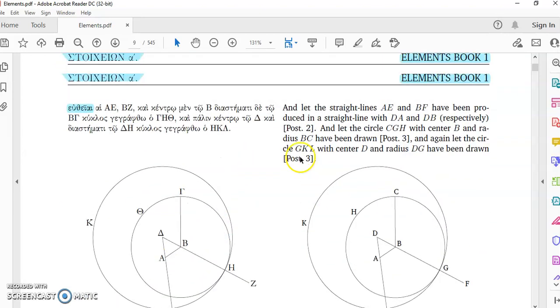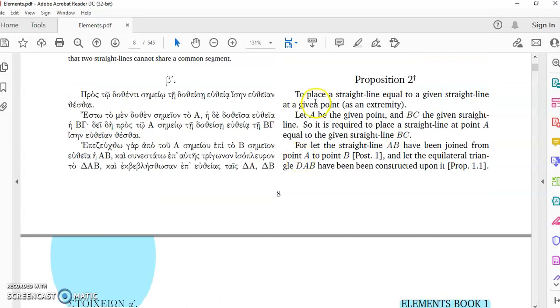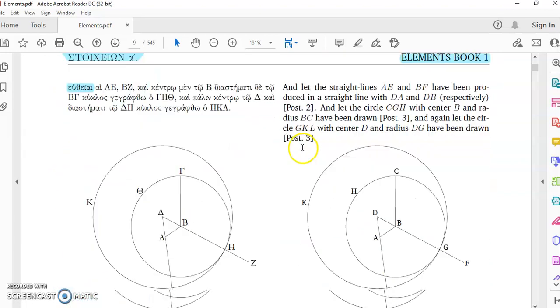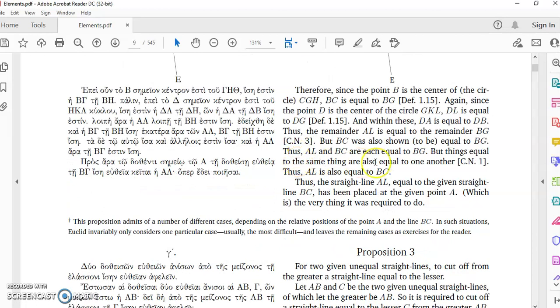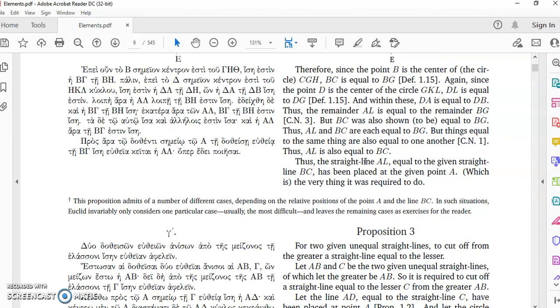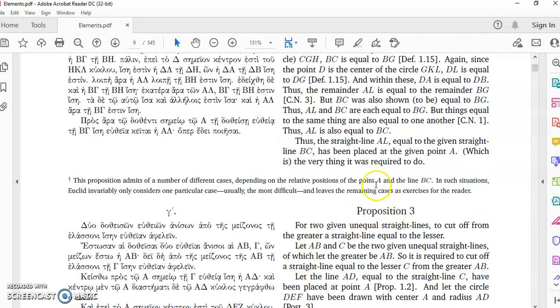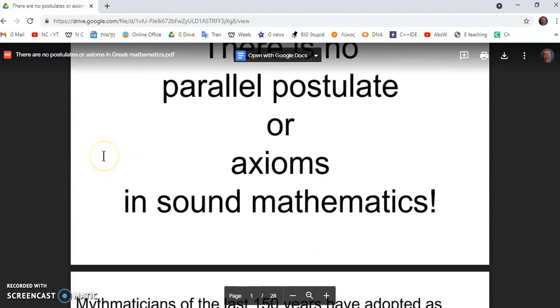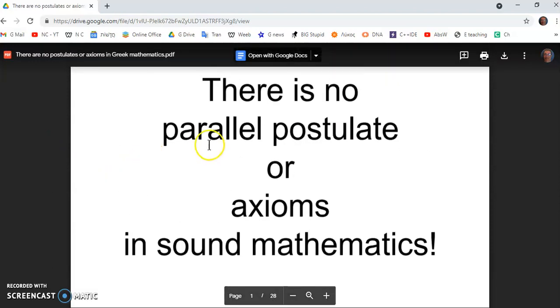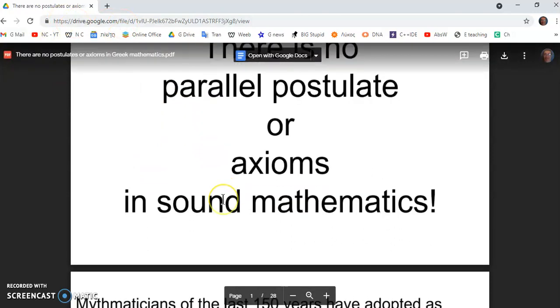So book 2, proposition 1 says to place a straight line equal to a given straight line at a given point. Now again, Euclid's so-called proof is very obfuscated, and I'm going to show you a shorter way based on the fact that there should have been a prologue to the Elements, and this is the prologue, this article here, which I shall place a link to in the details section.